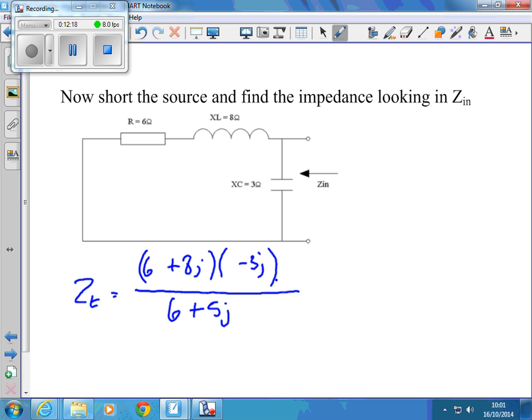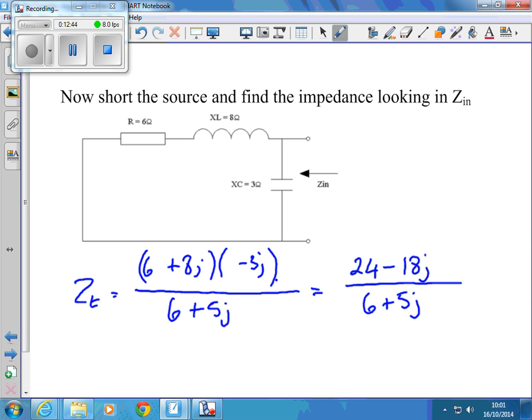It's worthwhile remembering that you've already done something. Multiply that top line out, becomes 24 minus 18J over 6 plus 5J.